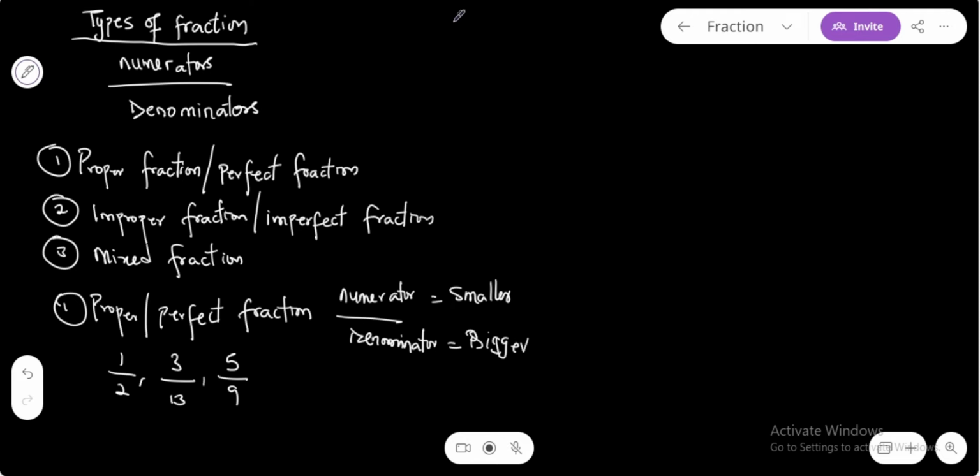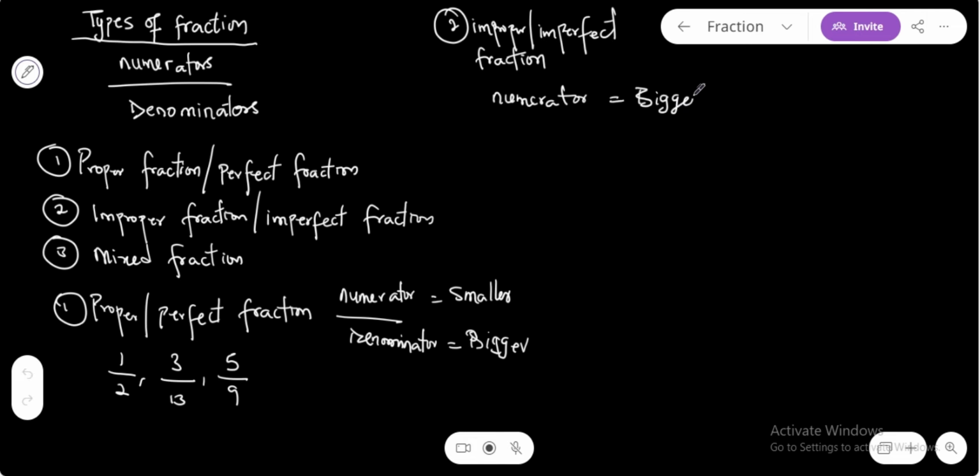Now, number two is improper fraction, or imperfect fraction. Just like proper fraction, the reverse is the case. Now, the numerator is bigger, while the denominator is smaller.